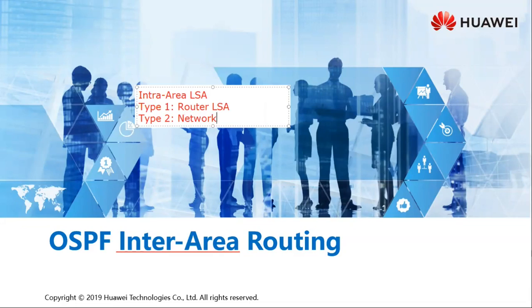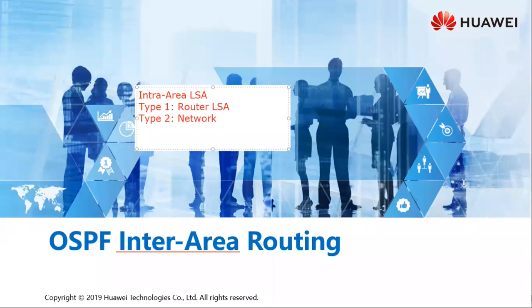We have the network LSA. The router LSA is originated by what? Who produces the router LSA? Every router in the autonomy. Exactly. Every router in the area will produce a router LSA.